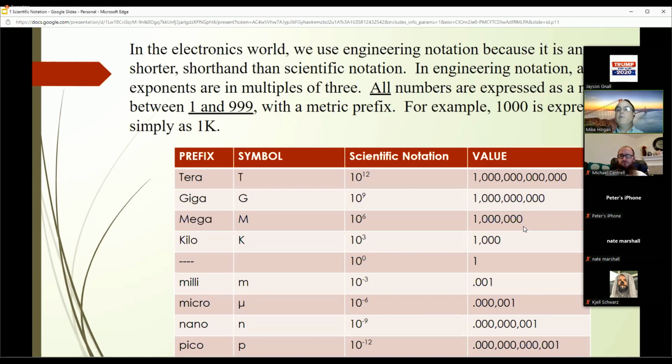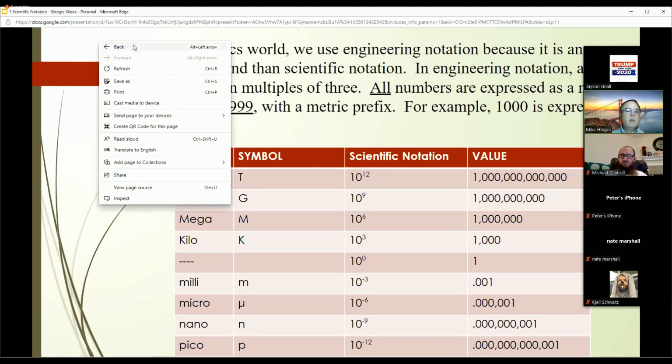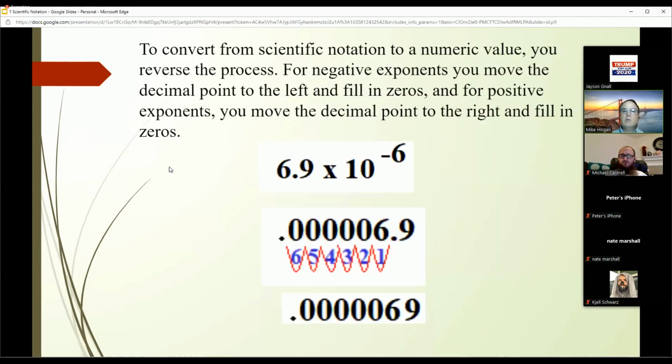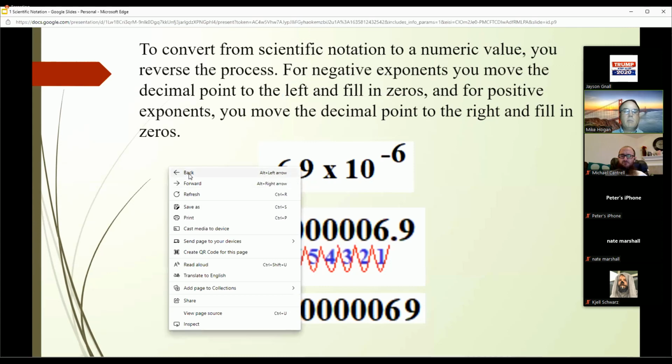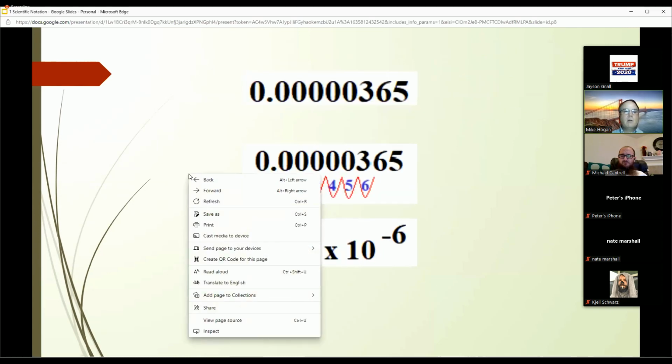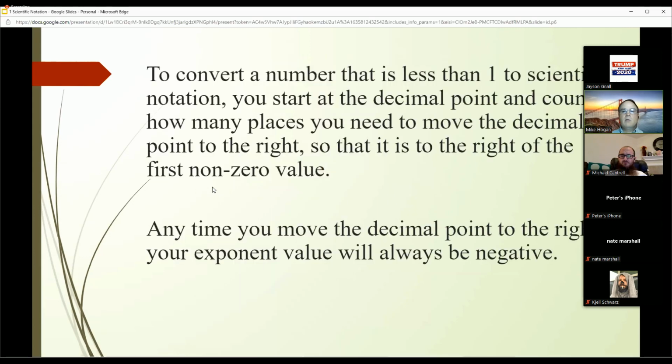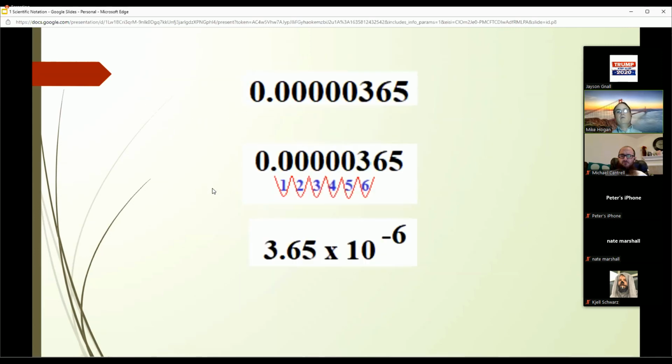It's just moving your decimal place. In fact, let's see if I can go back and, let's see. So that one's not a good one. It might not be a good example here. So we stay away from it. Okay.